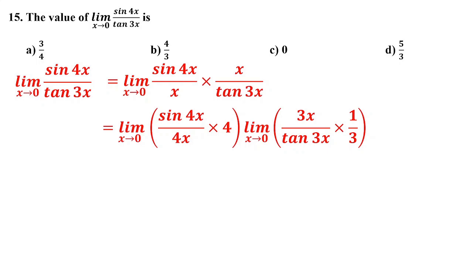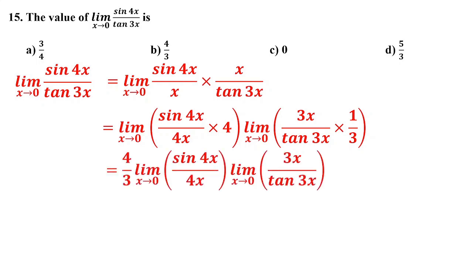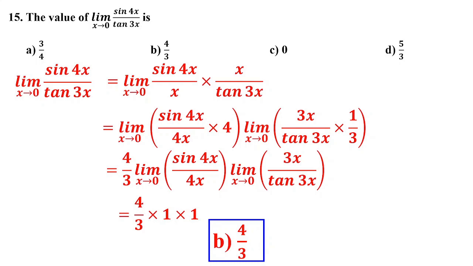Now multiply and divide by 4 and multiply and divide by 3. Therefore, the number 4 by 3 will come out into limit sin 4x by 4x, limit x goes to 0, 3x by tan 3x. These two limits are standard limits whose answers are 1. Therefore, the final answer is 4 by 3 and that is option B.